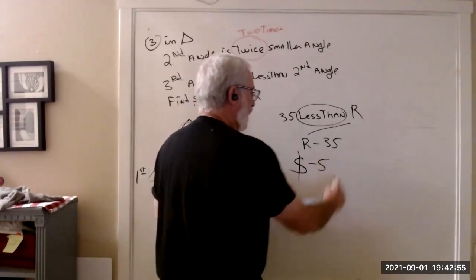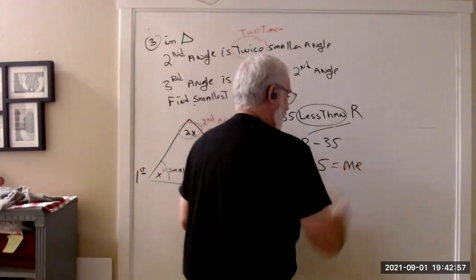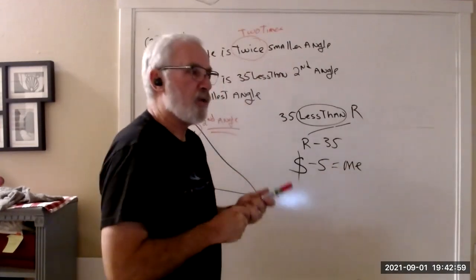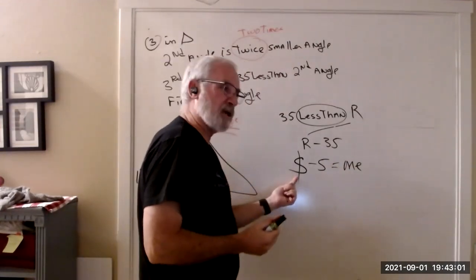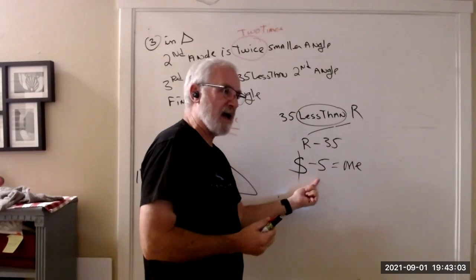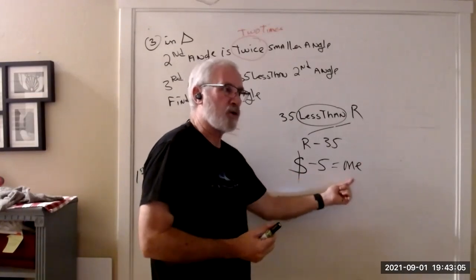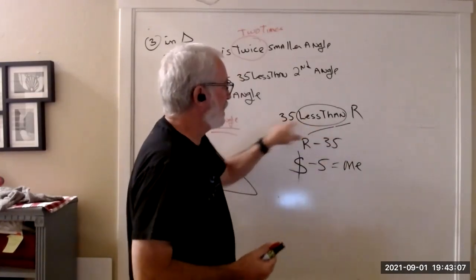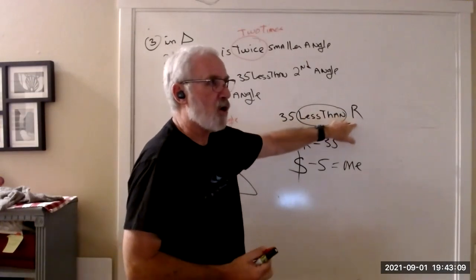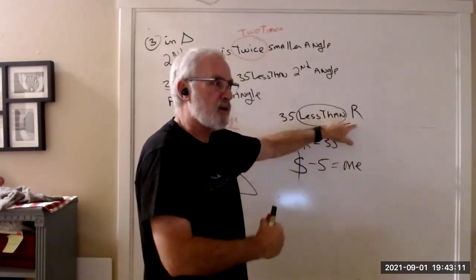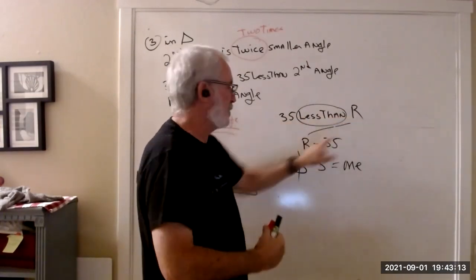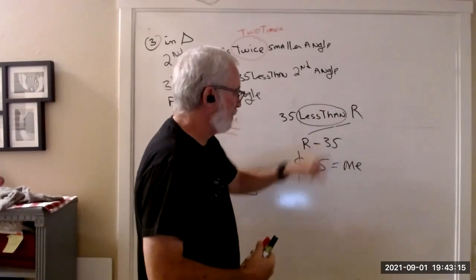I take away 5 to equal me. You start with the son-in-law, you take away 5, that will be me. Less than R, you start with the R, and then you get smaller than the R. So it's got to be reversed, R minus 35.